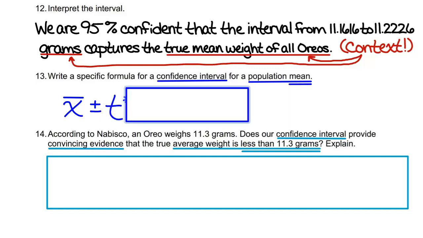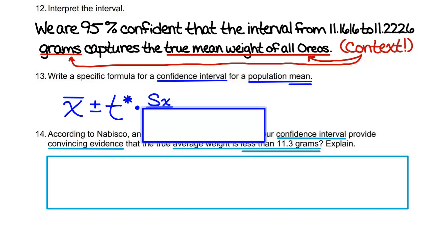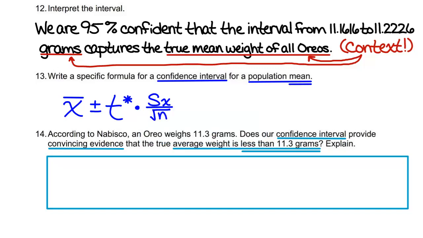T star times what? Standard error, so SX, the sample standard deviation, divided by what? Square root of n. So X bar plus or minus T star times the sample standard deviation, SX, divided by the square root of n.